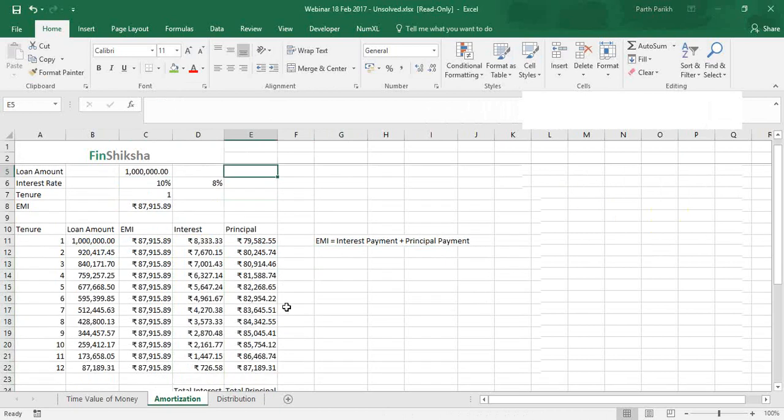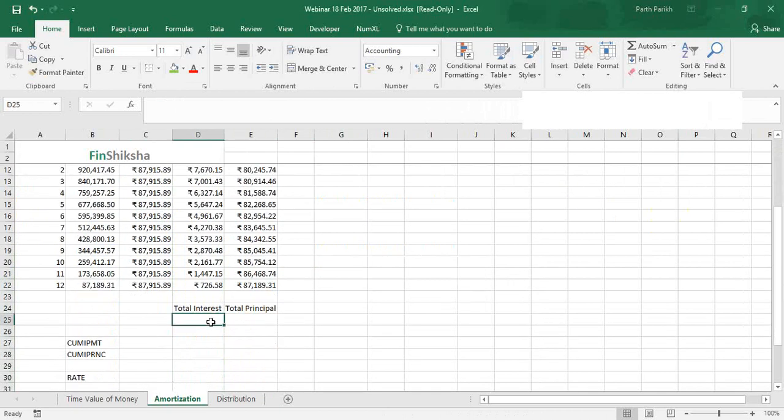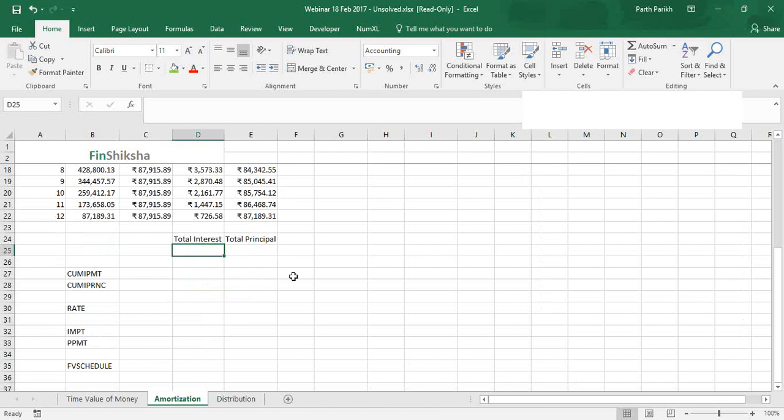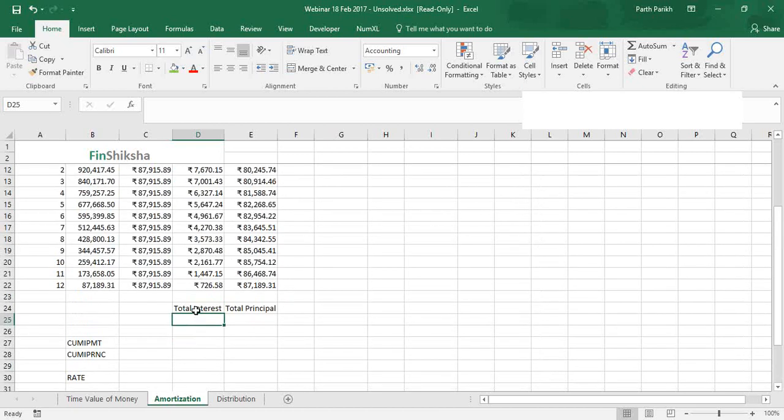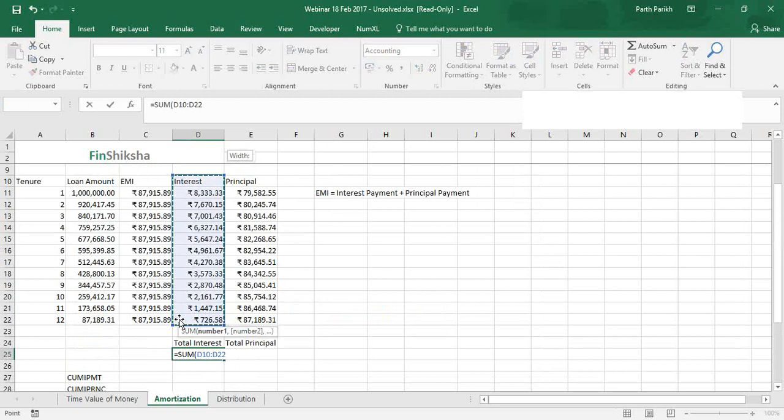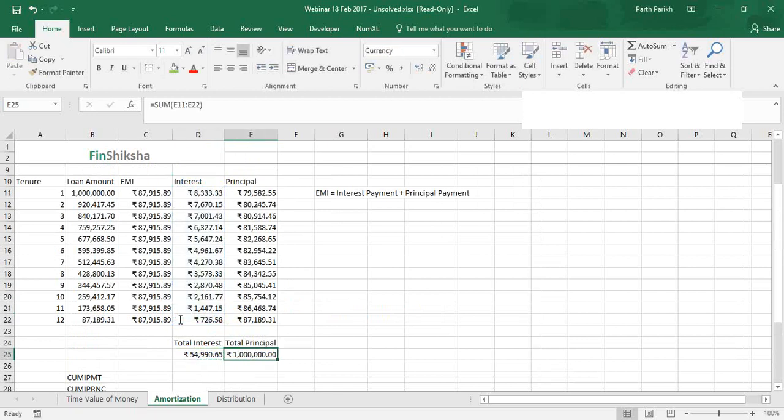Now there are a couple of interesting things which are more like an application of this. I will quickly calculate the total interest which I have paid, which is equal to the sum of the entire interest amount. Same with the principal. At the end I have paid 10 lakhs of principal and a total interest of 54,990.